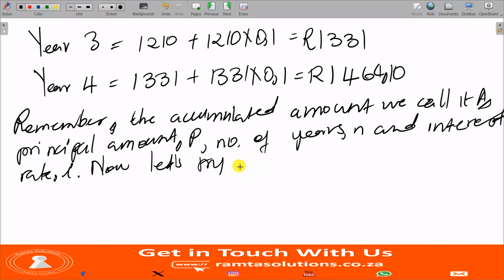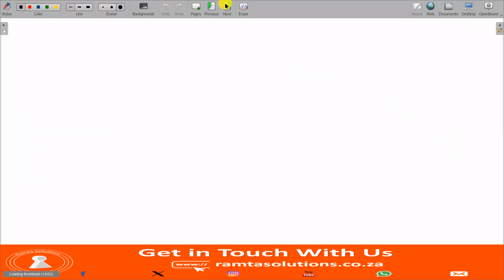Let's try to derive a formula. For year 1, the accumulated amount will be the amount that you are investing plus that amount multiplied by the interest rate.